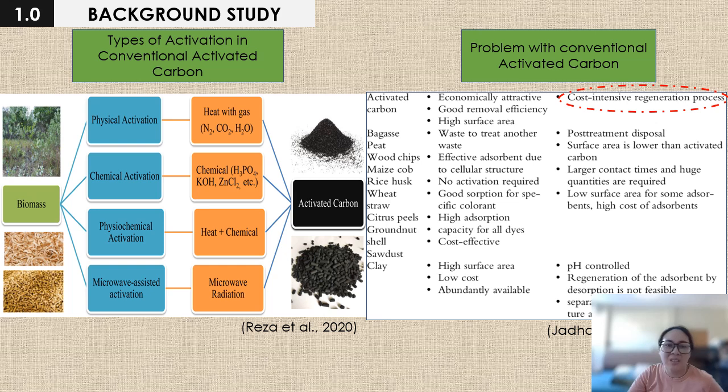The conventional types are physical activation using heat, chemical activation using chemicals, physiochemical using heat and chemicals, and lastly microwave-assisted activation using microwave. The problem with conventional activated carbon is that it is expensive, for the regeneration process from planting and for converting it to biochar or activated carbon.